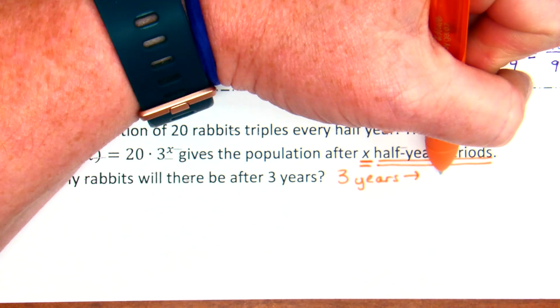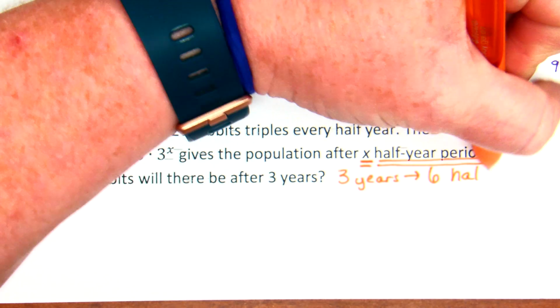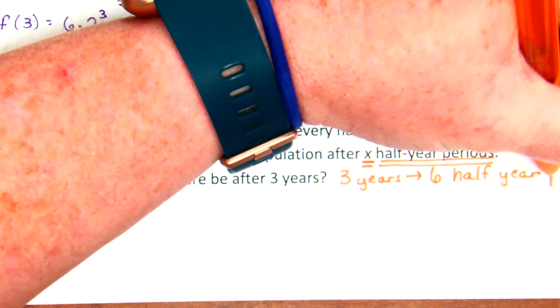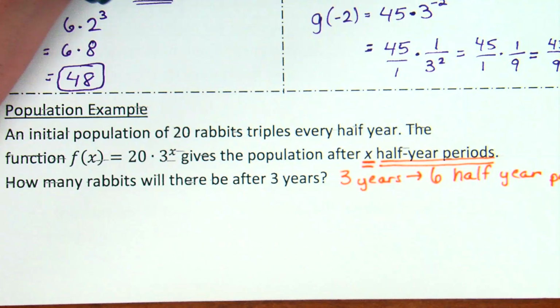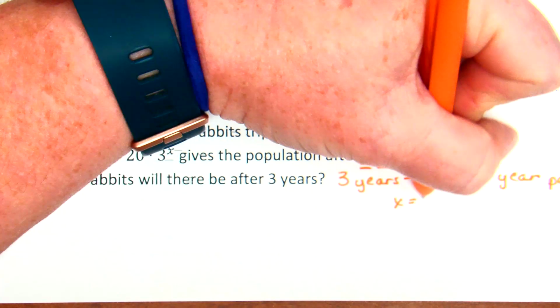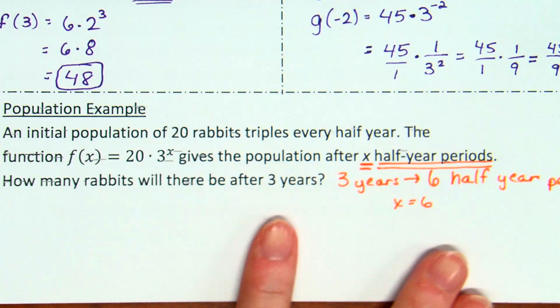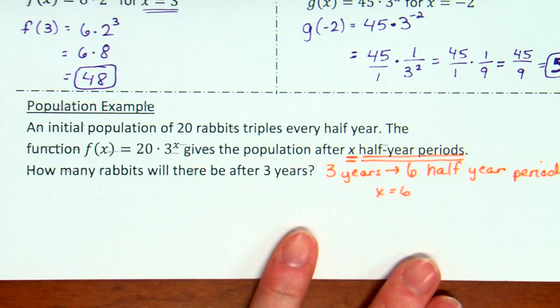So 3 years is going to be 6 half-year periods. And the key to notice there is, what is x then? X is 6. So always read, what do they want x to be? They're trying to be tricky here, but we're not going to let them win. Okay? What am I going to do with that x?